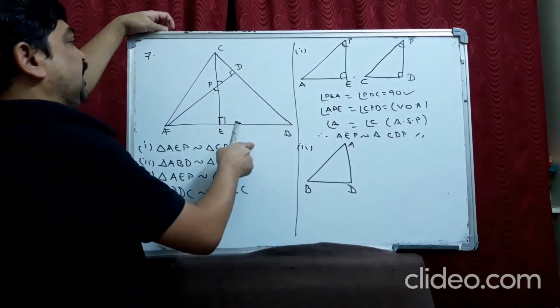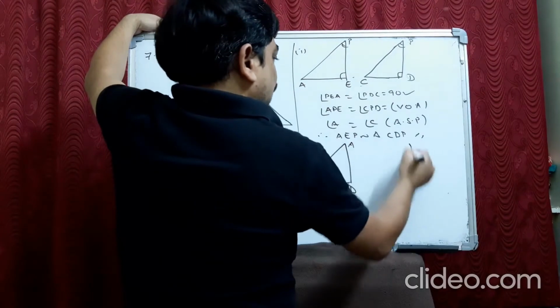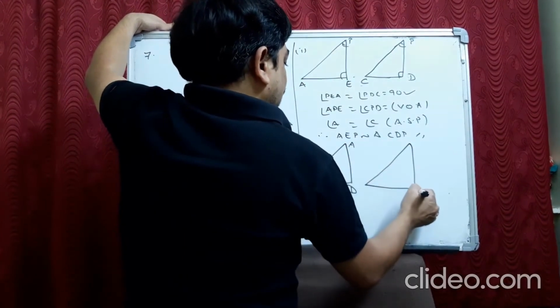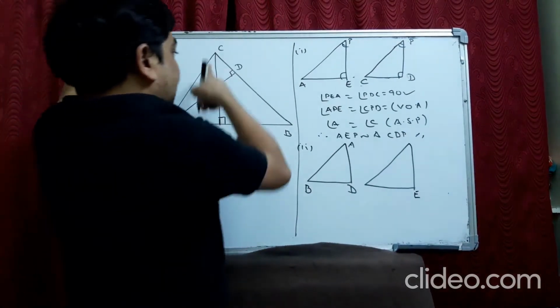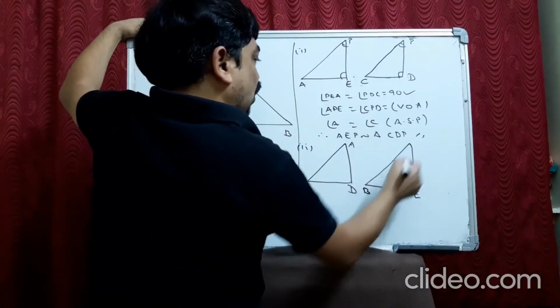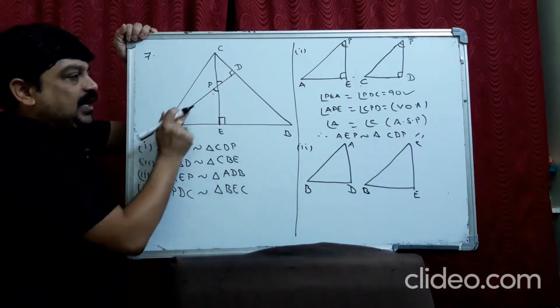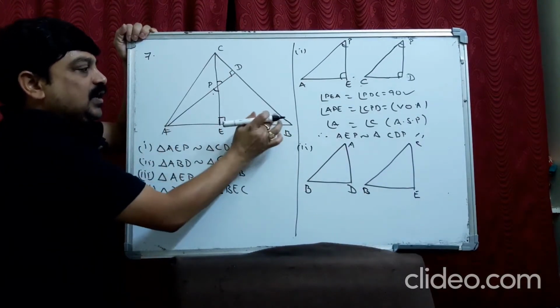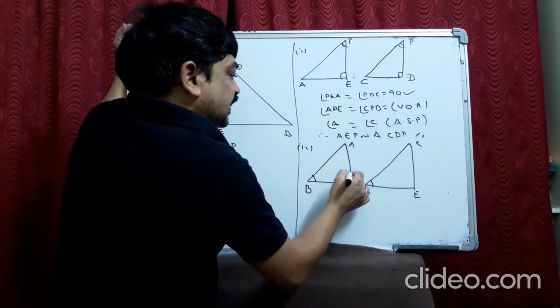CBE is also a right angle triangle, with the right angle at E. So B is common in both. When you take ABD and also CBE, B is common, and angle D is 90 in both.